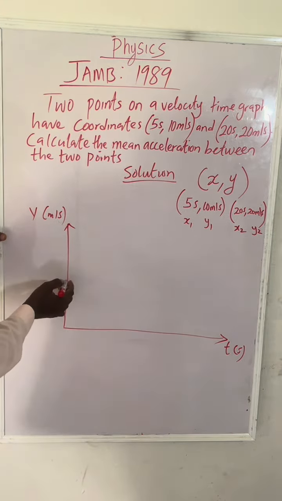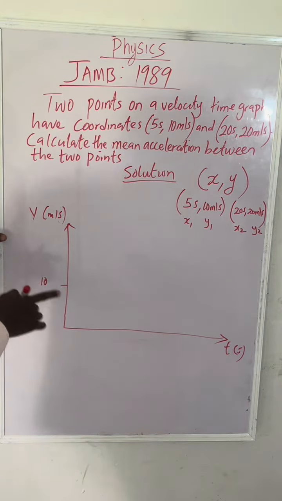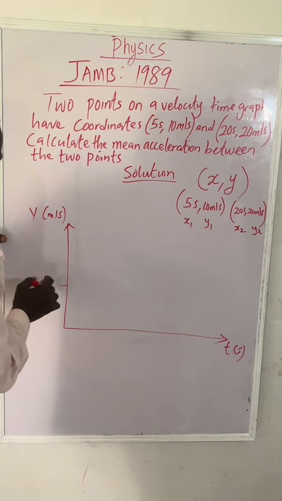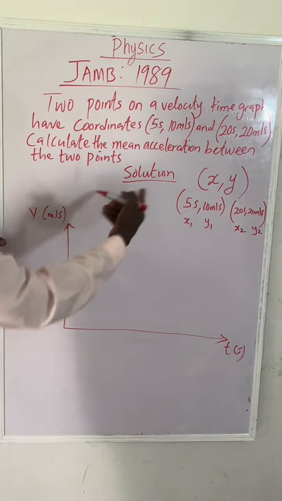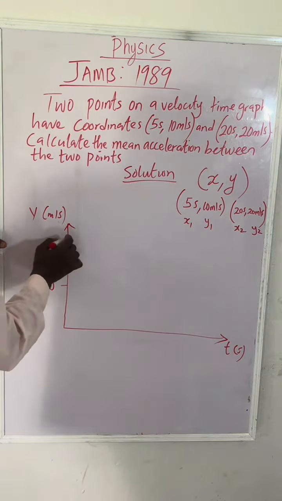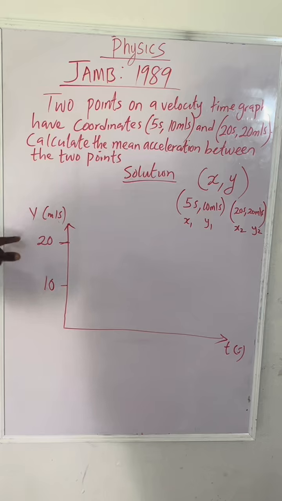So I can easily say, okay, let's here represent 10. I don't need to put meters per second again because I already wrote this here, right? So I can just write 10 here. Let me write it in a bigger way. Since my highest value is 20, this is 10 and this is what? This is 20 meters per second.